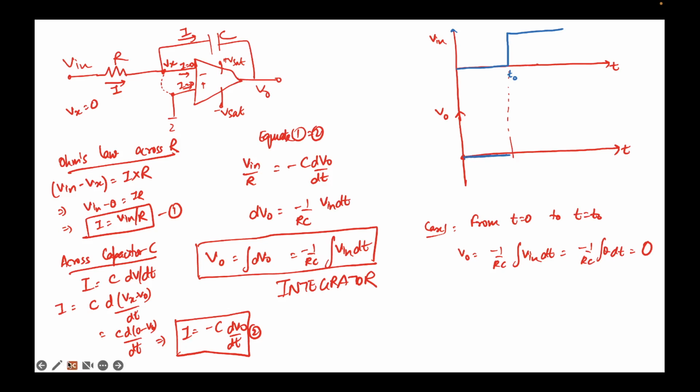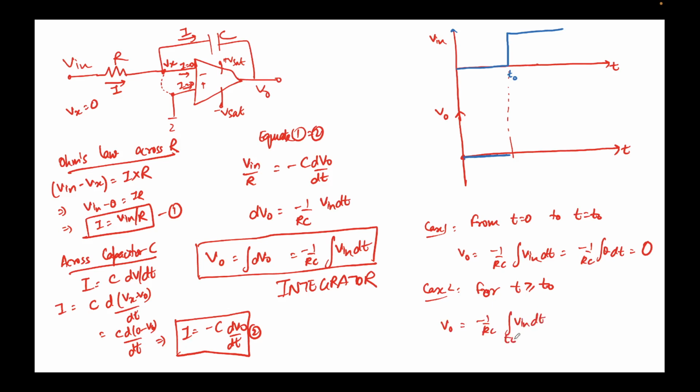Okay. Now let's see what happens for case 2, for t greater than or equal to t naught. Let's do this expression now. Again, V naught is minus 1 by RC integral of V in dt.